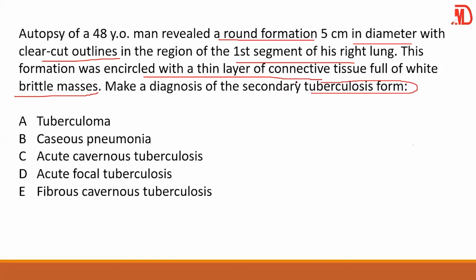They've even told you the answer: a specific mass, and even the diameter. So definitely you are thinking of a tuberculoma. And the size is normally between 2 to 5 centimeters. So here is A.